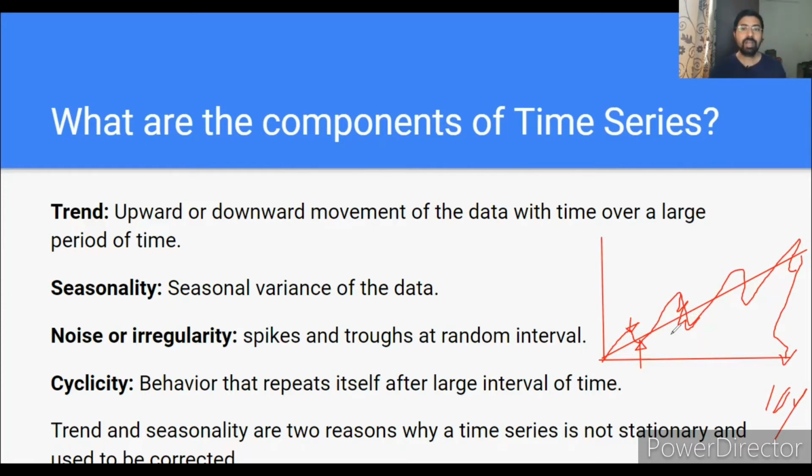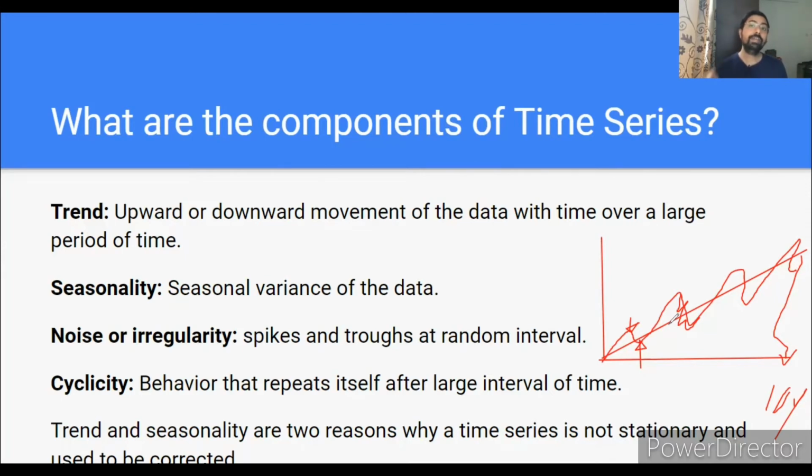Some more examples of cyclicity: a comet may visit near Earth every 60 to 80 years, and some maybe every million years. These are called cyclicity, but mostly we will concentrate on the decomposition of the 3 parts E, T, S. E means the error or irregularity part, T means the trend part, and S means the seasonality part.